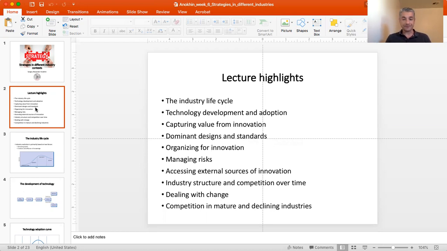Sometimes they reside elsewhere, so you need to be able to capture them and be able to employ them within your company. We'll talk about industry structure and competition over time, what changes, what remains the same, dealing with change, because that is very tricky and many companies find it problematic to respond to the change, right? There are all those forces of inertia and myopia that managers are dealing with. So we'll try to identify the strategies that work.